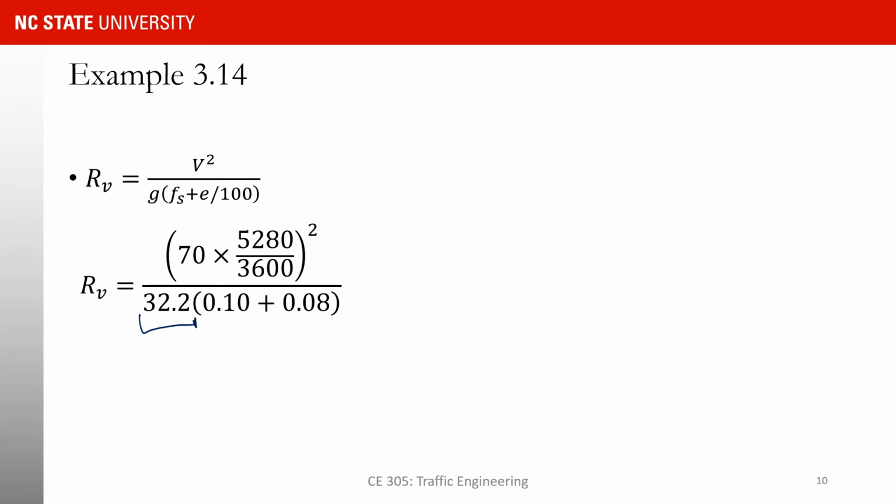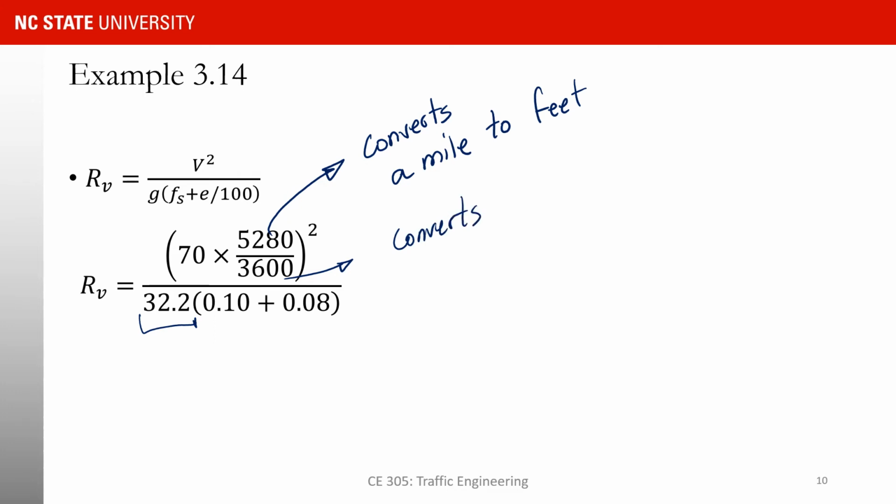So here the speed is 70, I multiply it by 5280 and I divide it by 3600. Why? 5280 converts a mile to feet and 3600 converts hour to seconds.